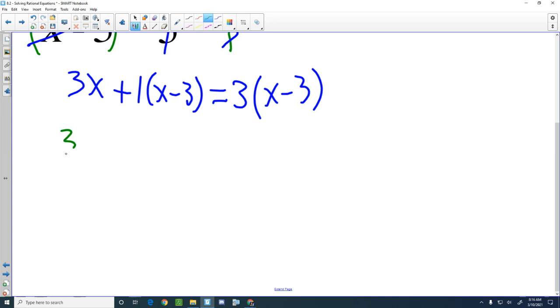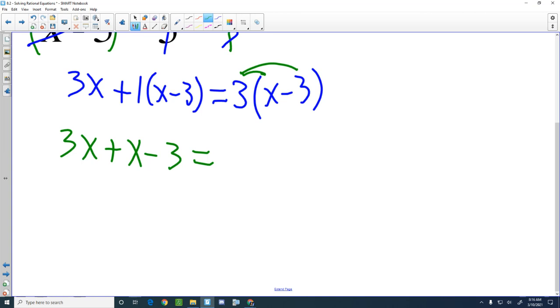All right, so on the left side, I have 3x plus x minus 3, right? If I distribute a positive 1, it just gets rid of the parentheses. For some strange reason, a lot of students did not distribute this 3.